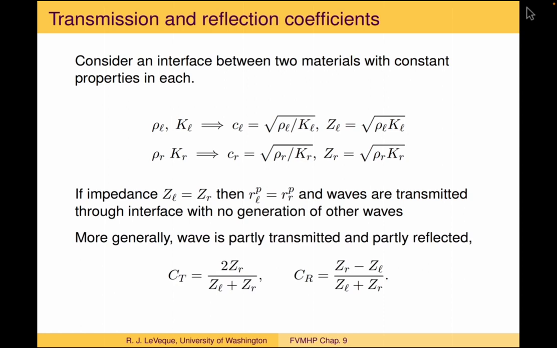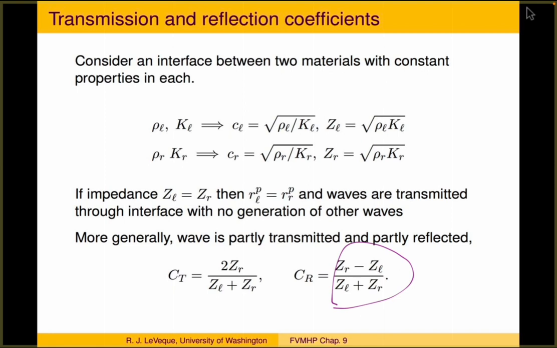This is a problem that's been well studied for decades, and it's well known that you can calculate transmission and reflection coefficients that tell us, for example, if we have a pressure pulse hitting an interface, what fraction of that pressure gets transmitted and what is the pressure in the reflected wave. This is for the case of acoustics, where we just have one left-going wave and one right-going wave. Notice that the reflection coefficient C_R depends on the difference of impedances, so if the impedance is the same on both sides, then that's 0.